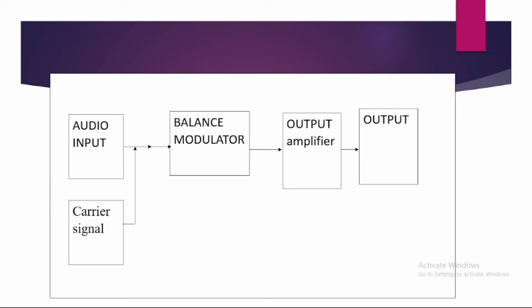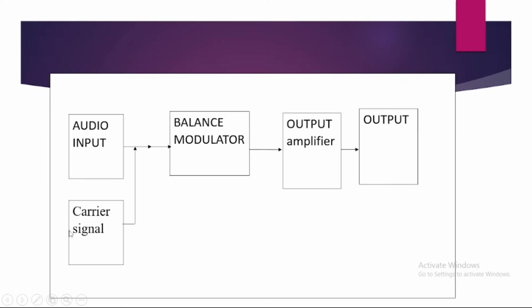This is the circuit diagram of the AM transmitter. Here we need one audio input to generate the message signal or information which we need to transmit. To transmit this, we require one carrier signal.